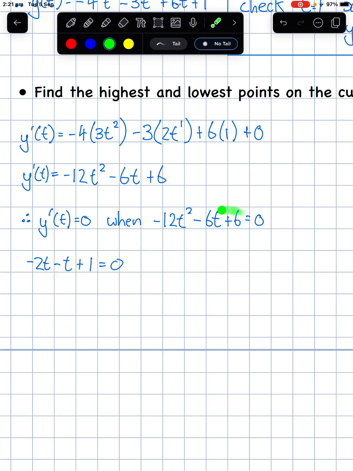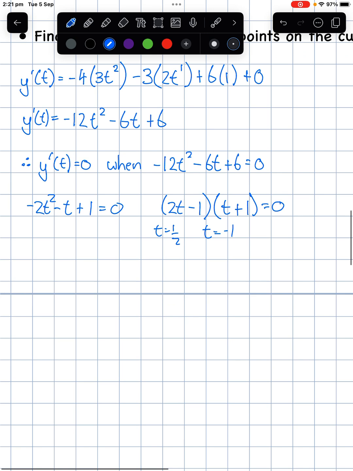This doesn't factorize much nicer, so we can use our graphics calculator or the quadratic formula to solve this, and we end up getting (2t + 1)(2t - 1)... and then we get a t plus 1 here. I've forgotten a square there. Okay, so our solutions for this equal 0. So this is going to have a solution of t equals 1/2 and t equals -1.